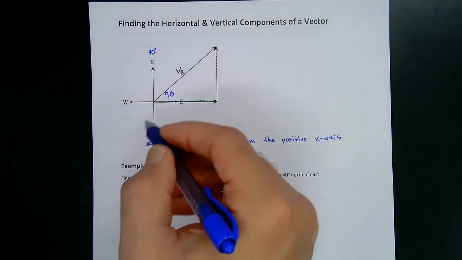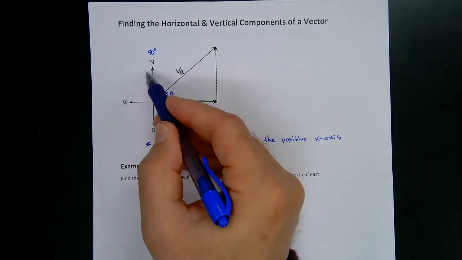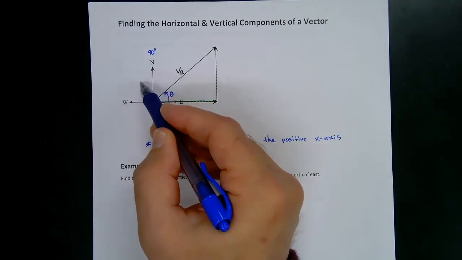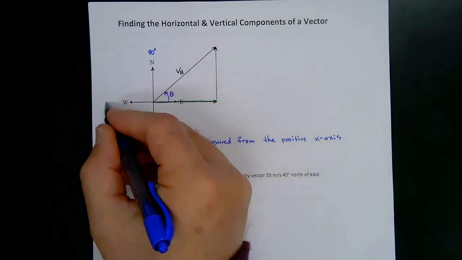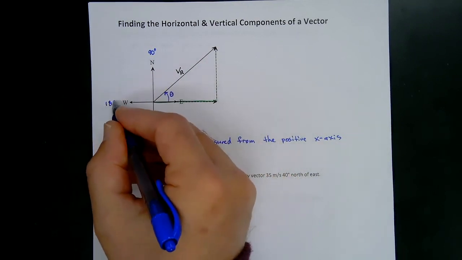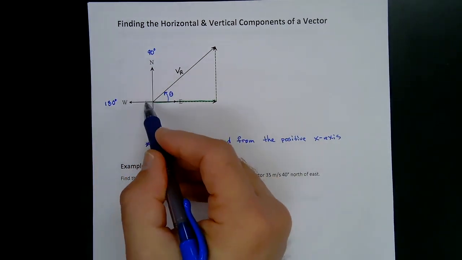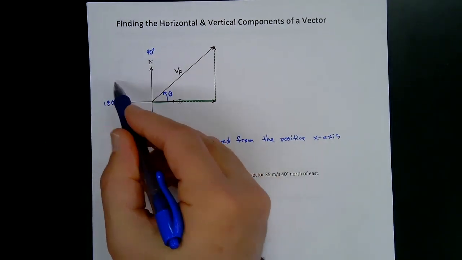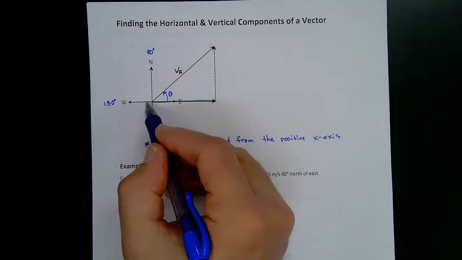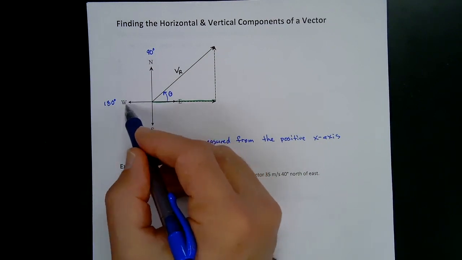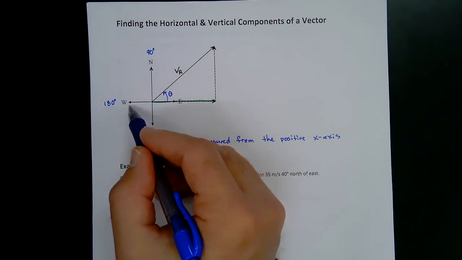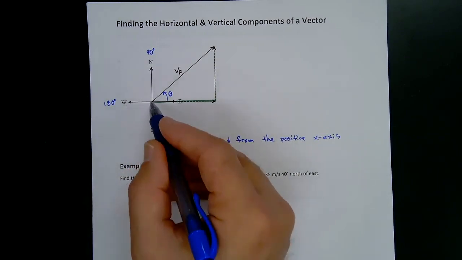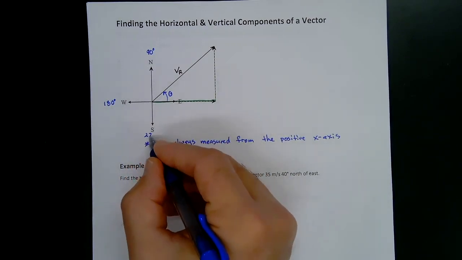So if we're in here, if we go a little bit past and we know the angle we've passed north, we would take 90 degrees plus that angle, okay? Then this would be 180 degrees, okay? If we knew the angle made between our angle and the negative x-axis here, which is the line for west, okay, we would have to take 180 minus, and so on, okay? And this would be 270 degrees.